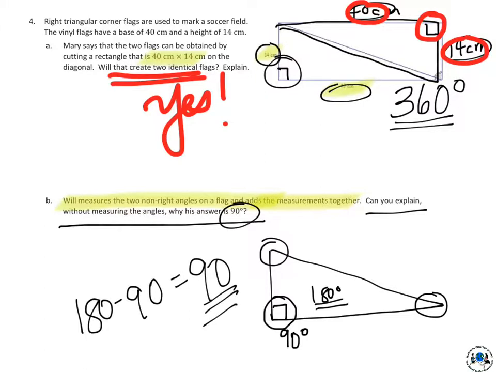That's what's left over. So this plus this needs to equal 90 degrees, and that's the way it will always be.